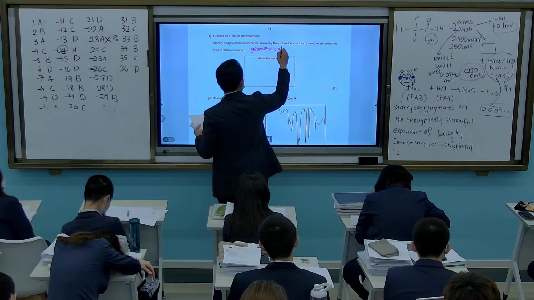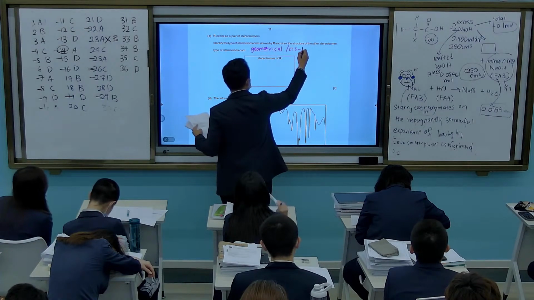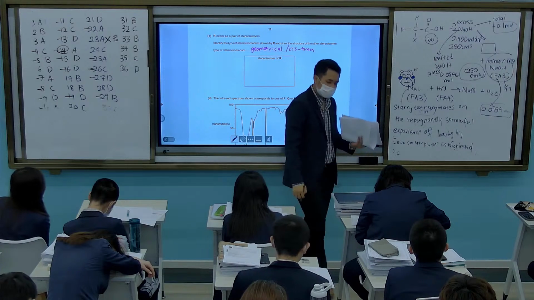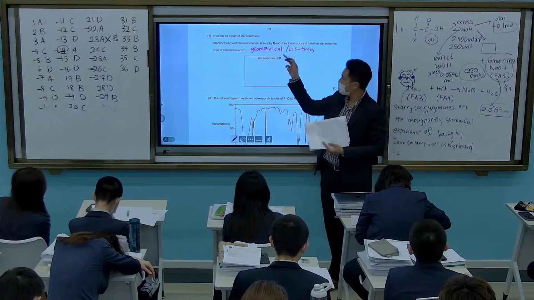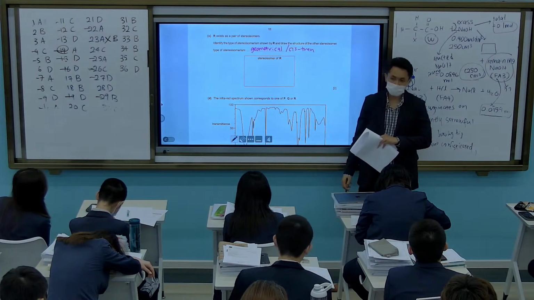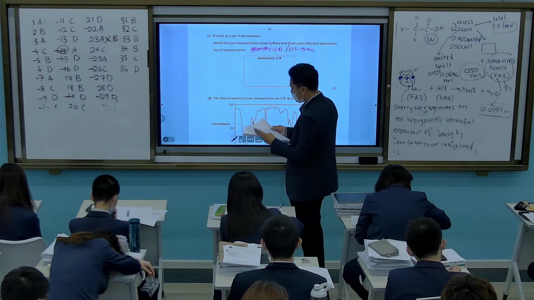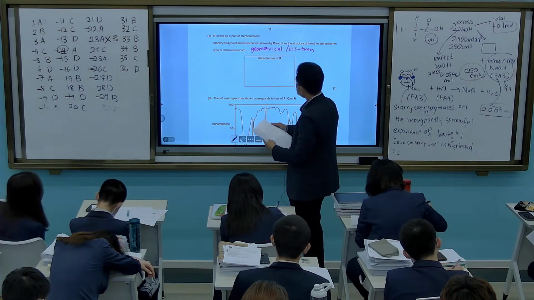It can also be cis-trans. But I tell you first, geometrical is a better word, but in this case here, they accept both answers. So this one here, just draw the cis isomer.